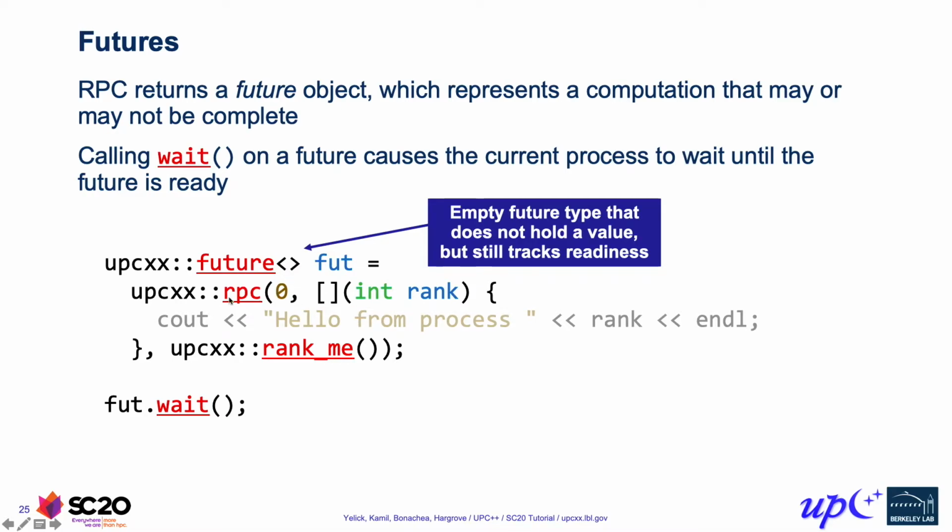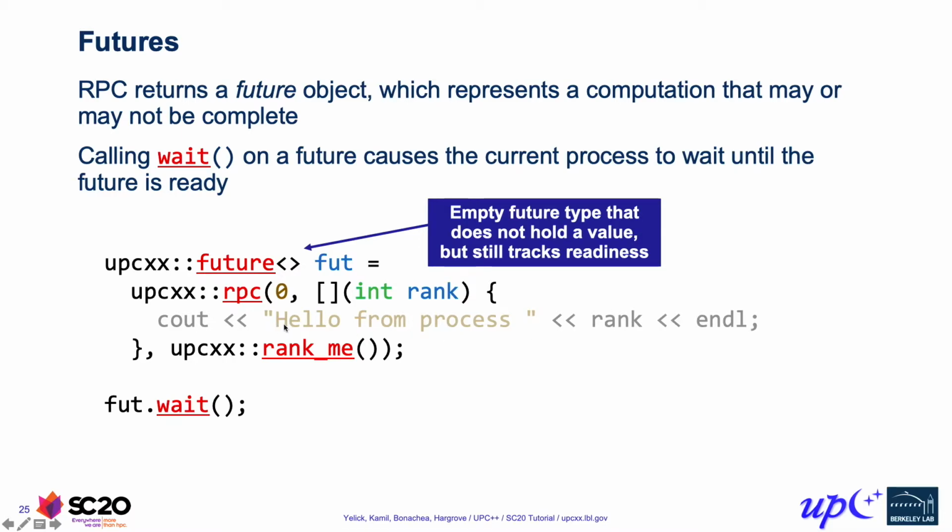So if we actually break up this RPC call, previously we called wait directly on the result. If we just take the result of the RPC call itself, what we get back is a future over here. A future is actually parameterized by 0 or more value types. In this case, for RPC, the actual argument type is the return type of the function.